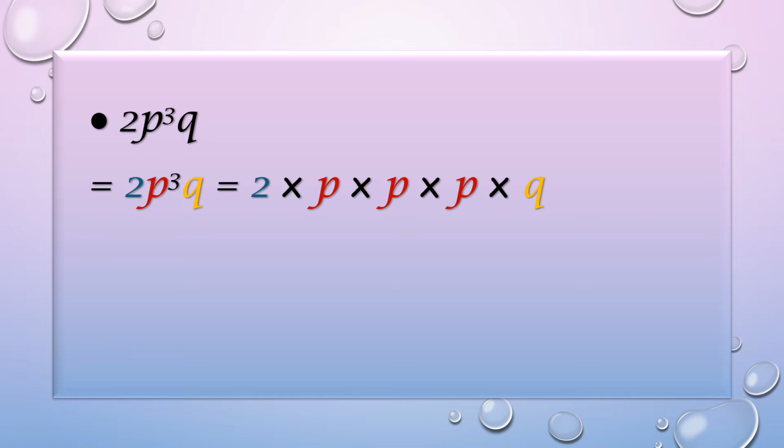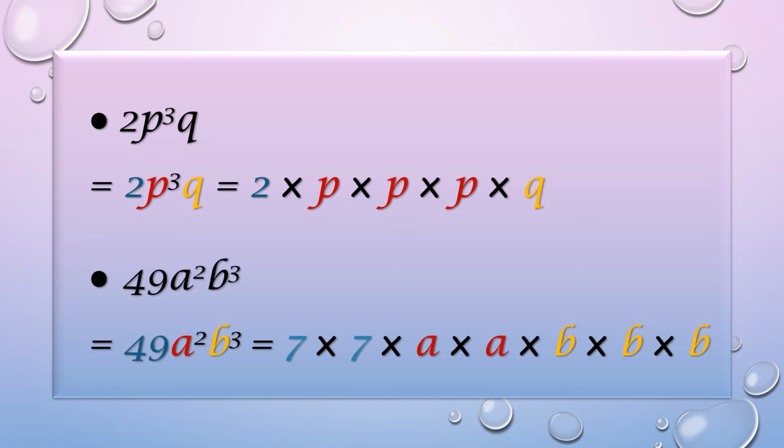Then again, expand this one also: 49 A squared B cubed, or 49 A to the power 2 B to the power 3. Here also the numerical value is blue in color and A is red in color, B is yellow in color. 49 is equal to 7 times 7. 7 times 7, the answer is 49.